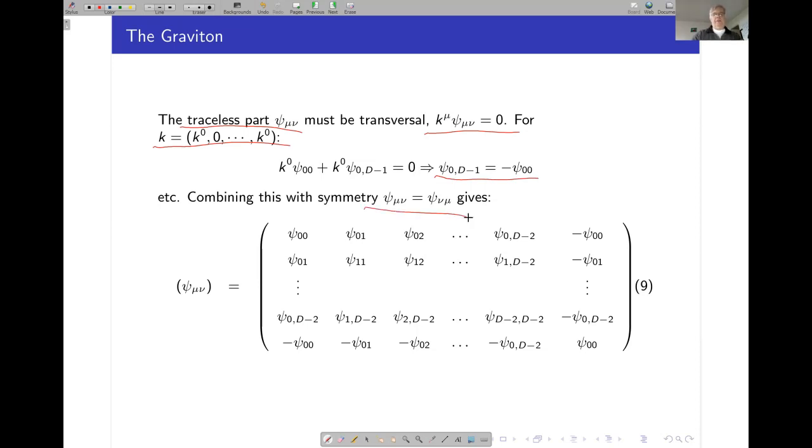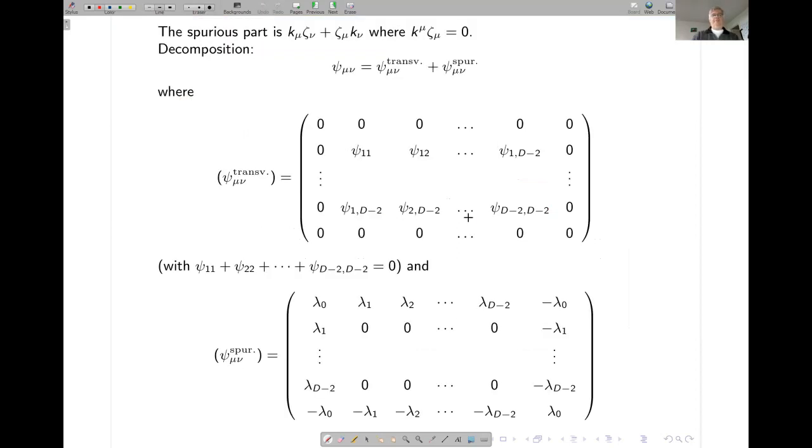We already have this as a symmetric tensor, and then we arrived at formula number 9, which we can now decompose because we know that the spurious part takes the form of a symmetric bivector. We can now explicitly pull this apart.